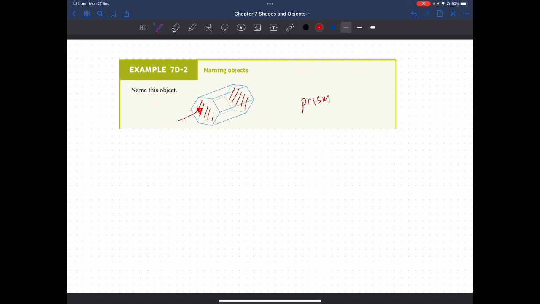So counting the sides, 1, 2, 3, 4, 5, 6. The end is in the shape of a hexagon. A hexagon has 6 sides. So we write it as hexagonal prism.